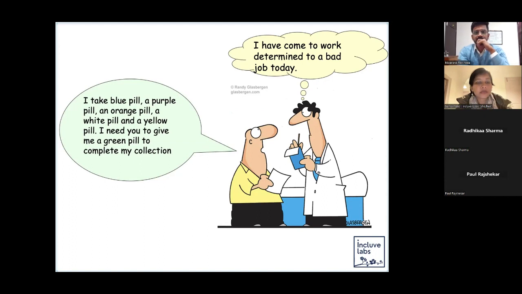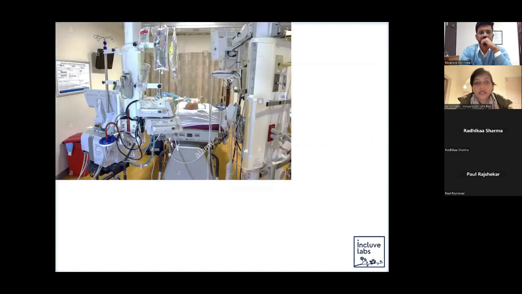patients are on multiple medications. They are not very clearly aware of what to do. You don't have enough time to explain things. And with increasing medicalization, things are getting even more complex. This is an ICU, some of us take it for granted. If you're working in an ICU setting, it becomes normal to those people working there, but this is very complex.